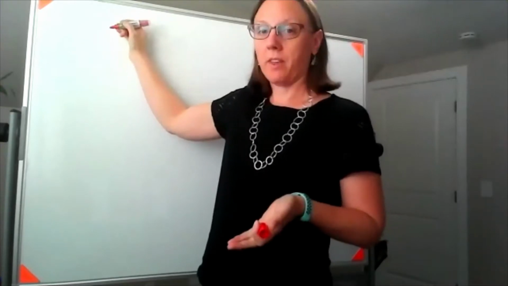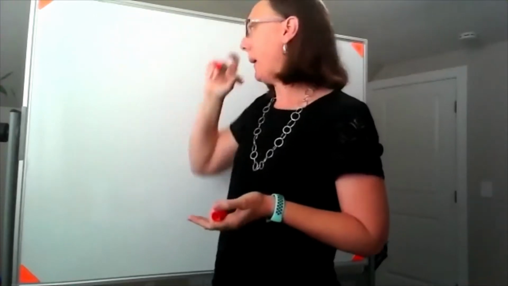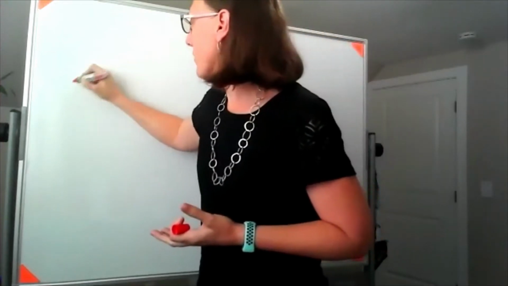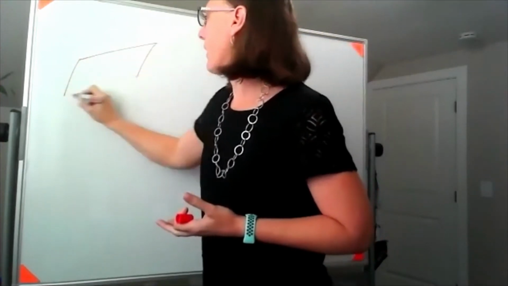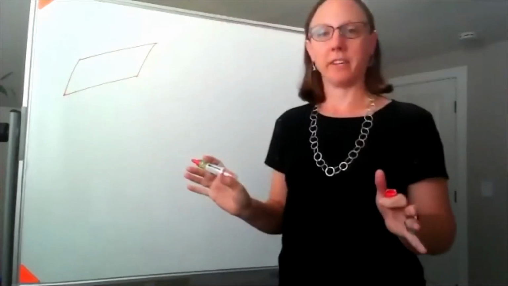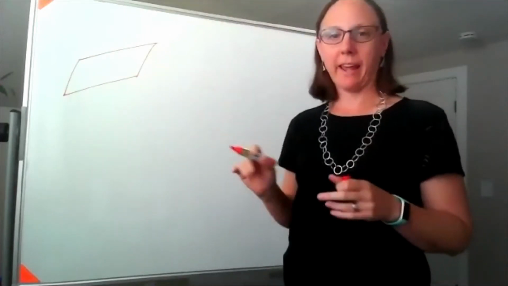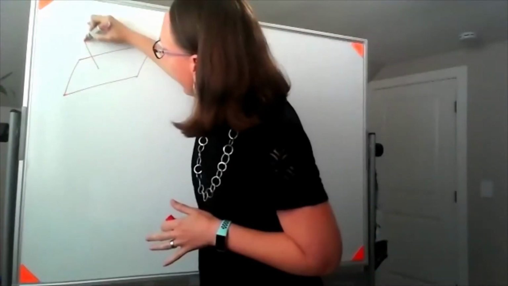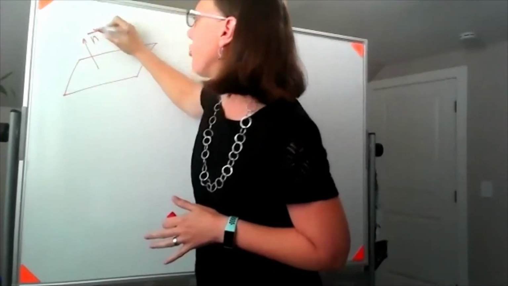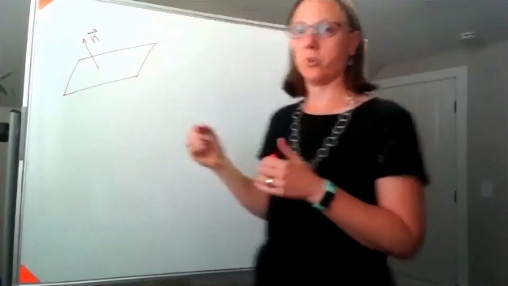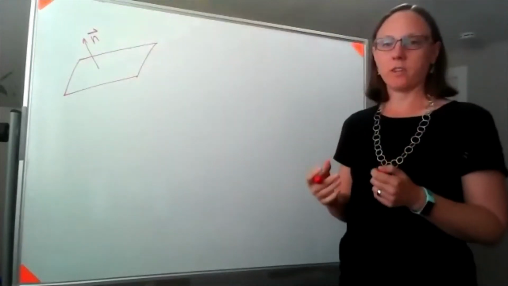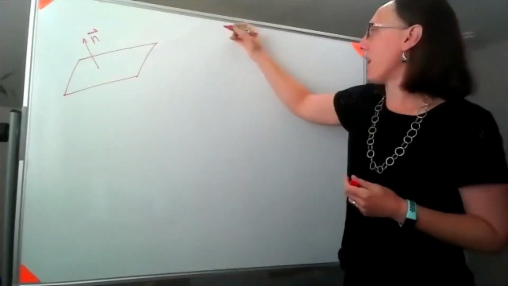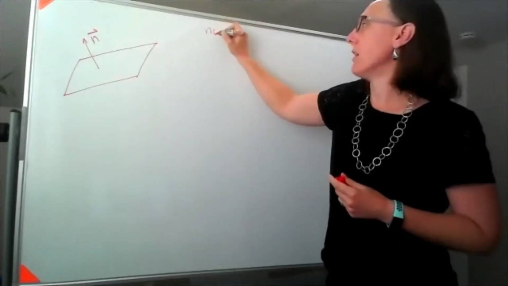So the formula for a plane, and I'm just going to use my lovely three-dimensional graphing skills. So this is a plane floating around somewhere out there in space. And if I draw a normal vector to the plane, this is reminding us of another vocabulary word.